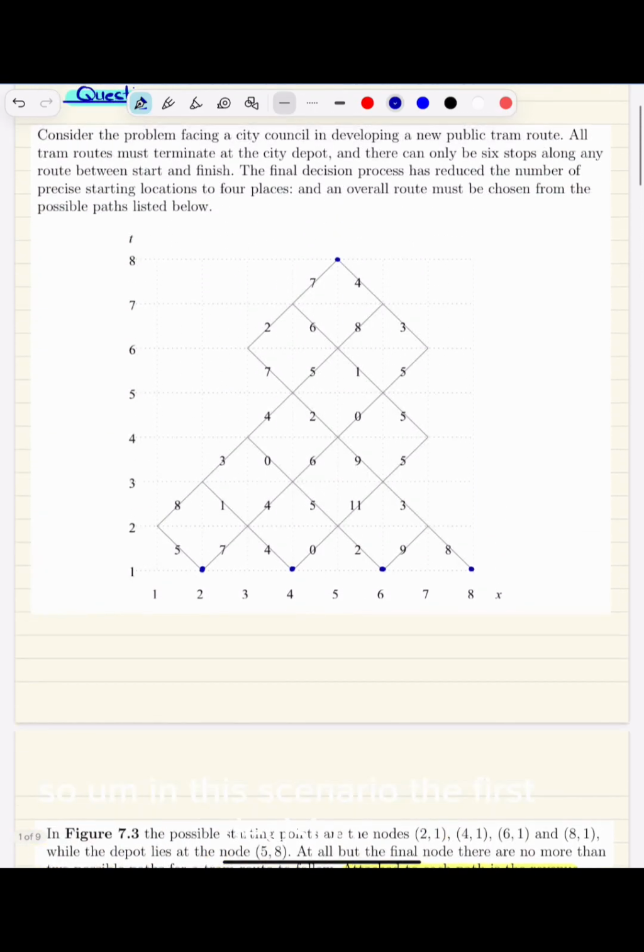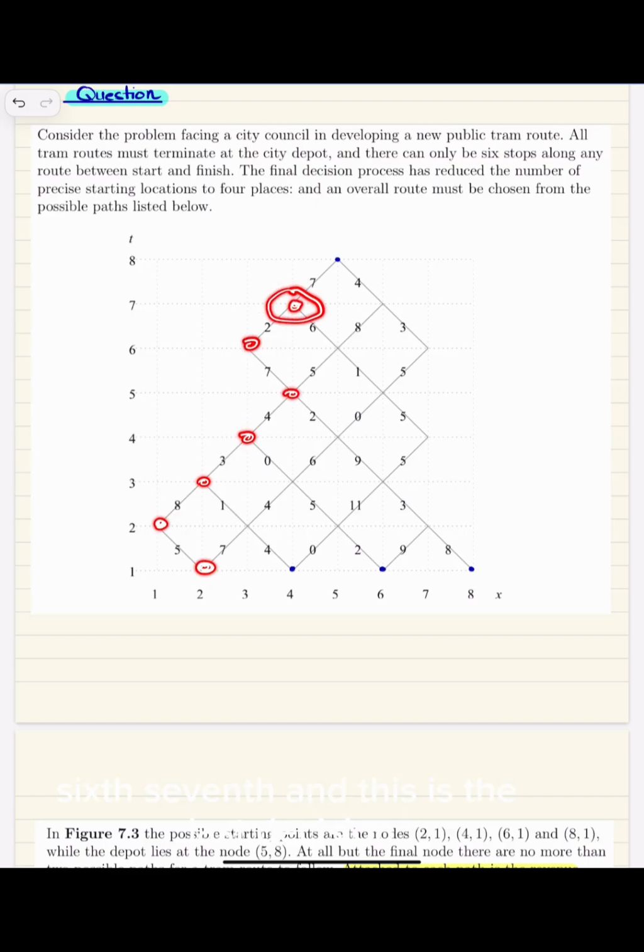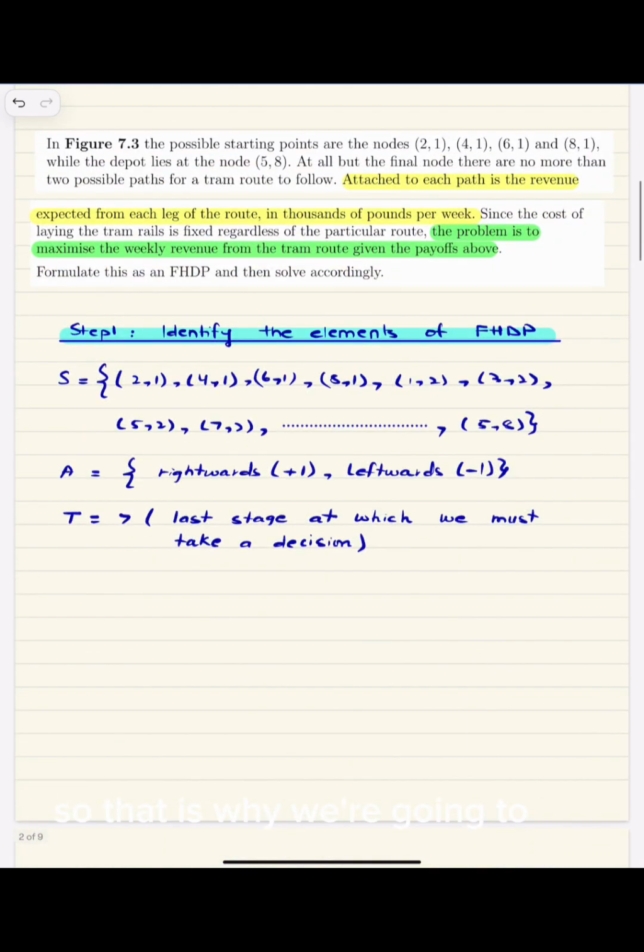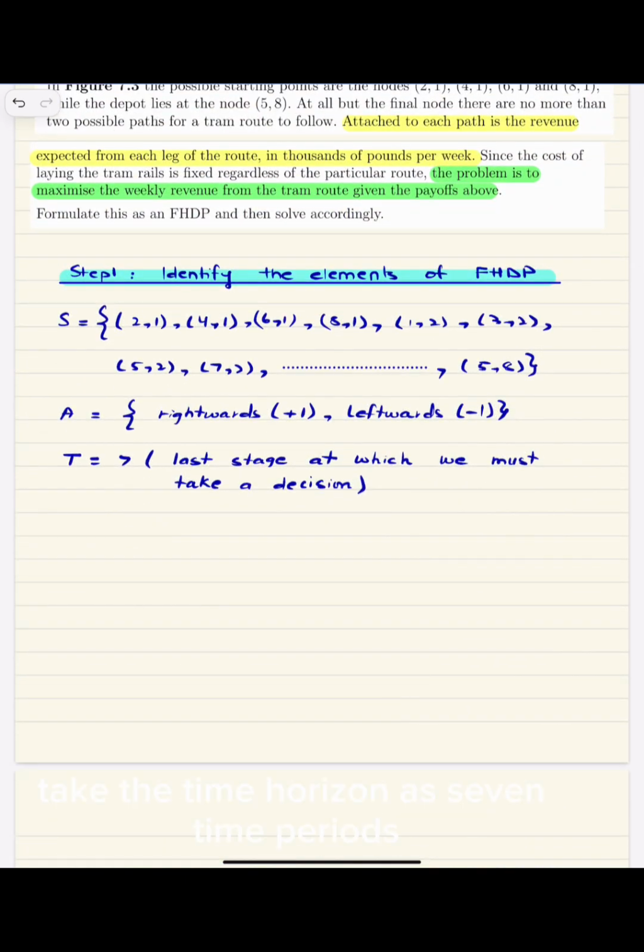So in this scenario, the first decision is made over here, the second here, third, fourth, fifth, sixth, seventh, and this is the last decision because there's no decision afterwards. That is why we're going to take the time horizon as 7 time periods.